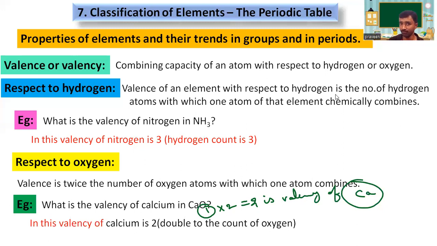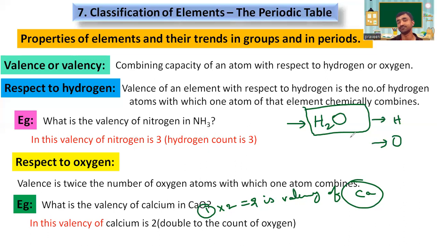Now my question to you. I am giving you one composition, H2O, hydrogen monoxide or water. Tell me the valency of hydrogen and the valency of oxygen with respect to the other element, following the same logic.